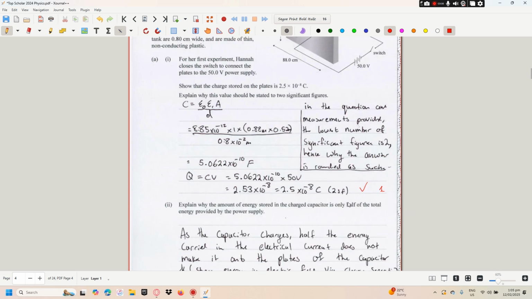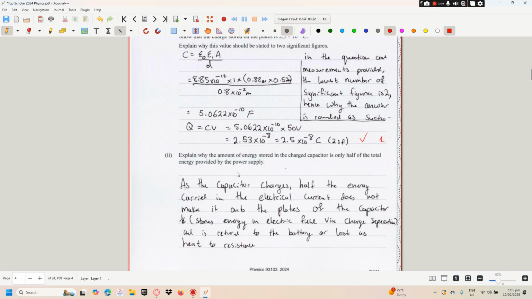That's very, very basic. Explain why the amount of energy stored in the charged capacitor is only half the total amount. There's a reason they've not said justify, they've just said explain, because the actual reason is very complex, but you just have to say, as it charges, half the energy carried in the electrical current does not make it onto the plates.